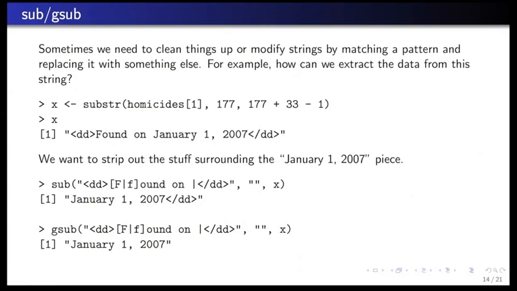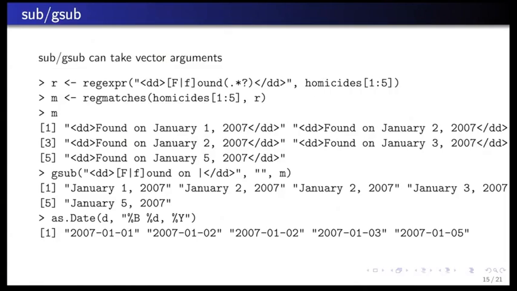In this example, I just have a single string that I'm trying to sub and gsub out of. But actually the x argument here could be a whole vector of strings, and it will go through all the strings and replace the pattern that you want. So I'm giving it 5 elements here. These are all the matches that I found.